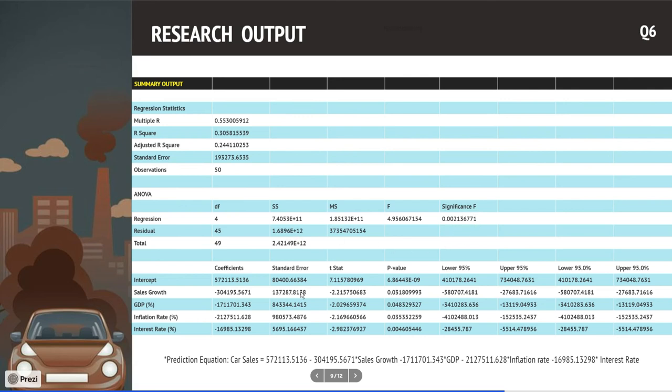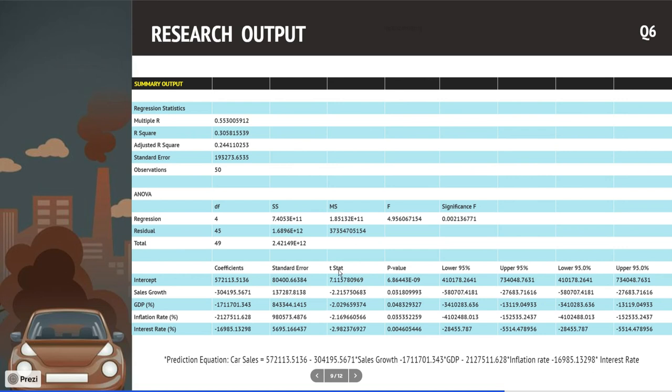And also we have the most important values for our regression model, which are the intercept and the other four independent variable values: beta naught, beta 1, beta 2, beta 3, beta 4.